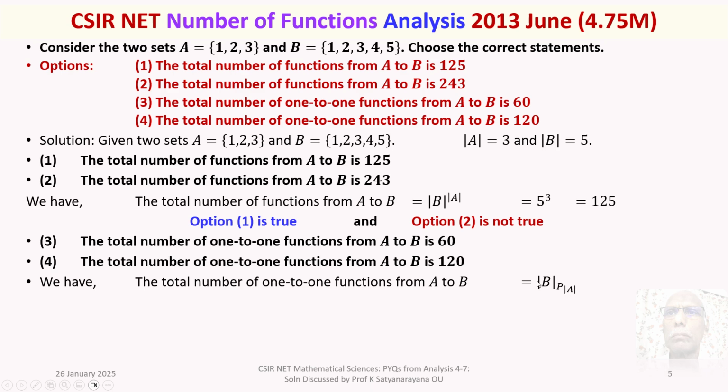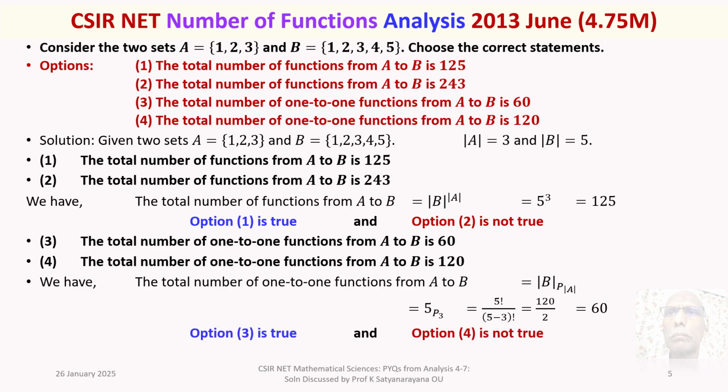Order of the codomain is 5. P, order of the domain is 3. 5P3, that is 5 factorial by 5 minus 3 factorial, that's the formula. 5 factorial is 120, by 5 minus 3 is 2, 2 factorial is 2, 120 by 2 is 60. Thus, option 3 is true and option 4 is not true. Thus, the answers to this question are options 1 and 3.